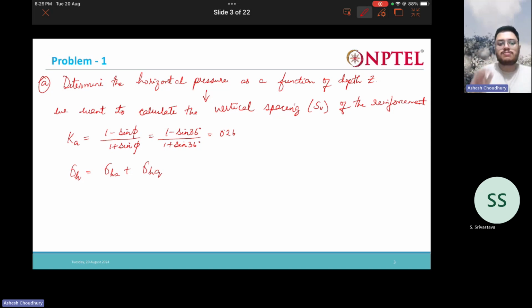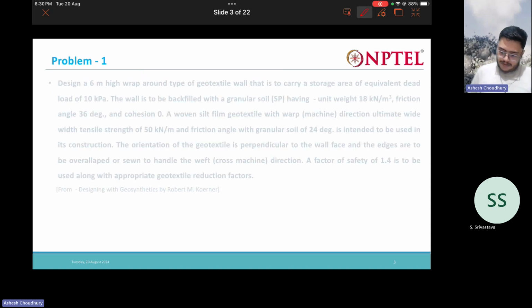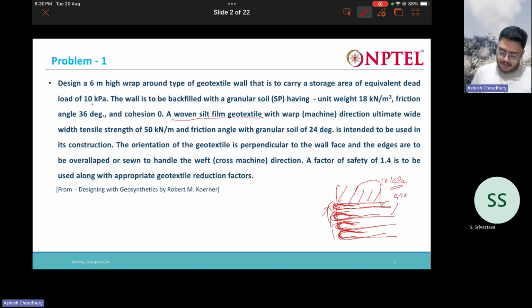But here for simplicity, we are considering this one: Ka into gamma into Z plus Ka into q. So 0.26 times gamma times Z plus 0.26 times 10, since 10 kPa is given to us.